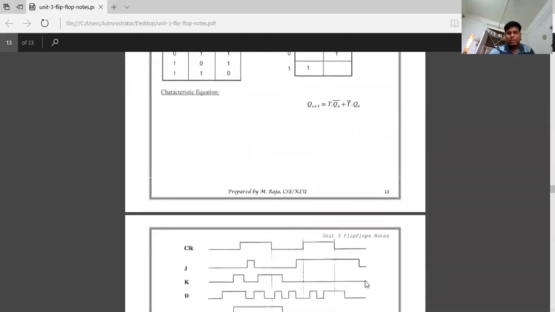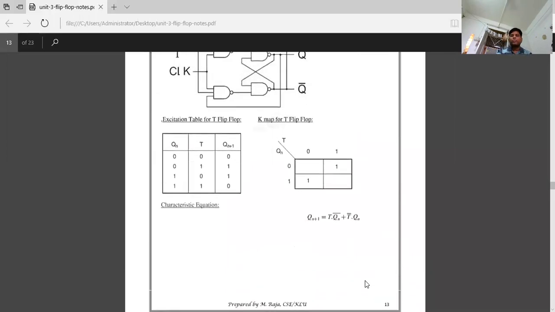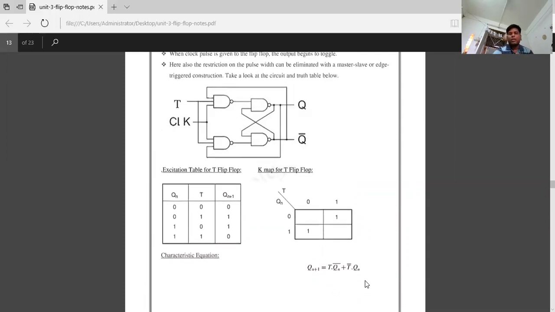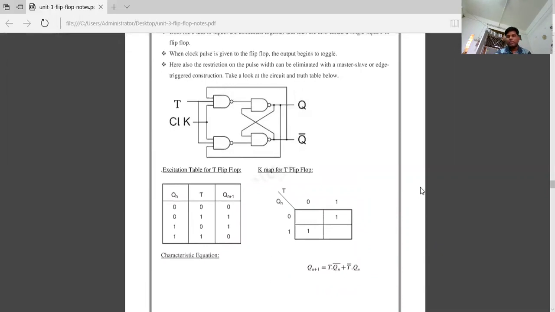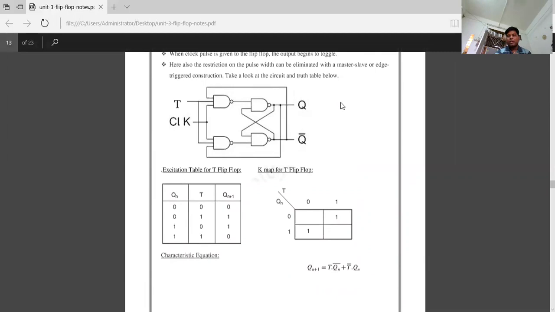Today we have defined the types of flip-flops. We have covered all flip-flops: SR flip-flop, JK flip-flop, D flip-flop, and T flip-flop. So we end this session here, and the session will continue in the next class with converting one flip-flop to another, and also the master-slave flip-flop.